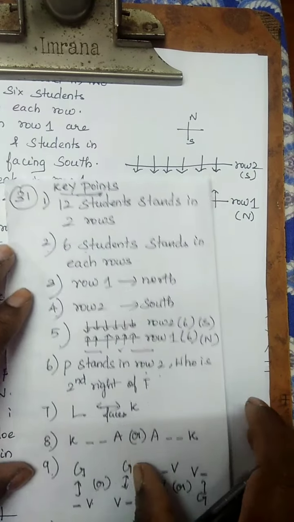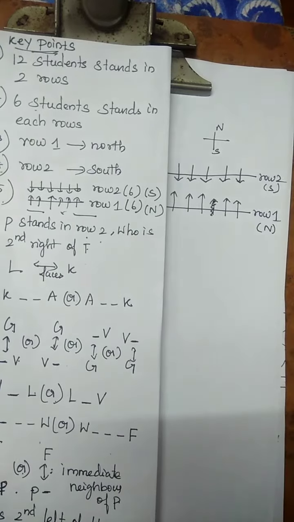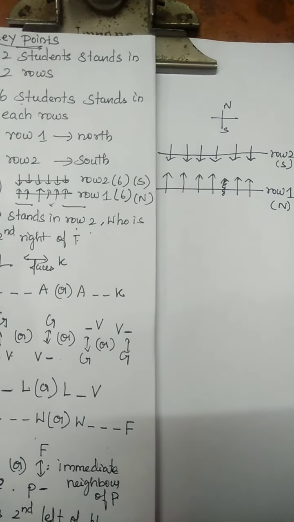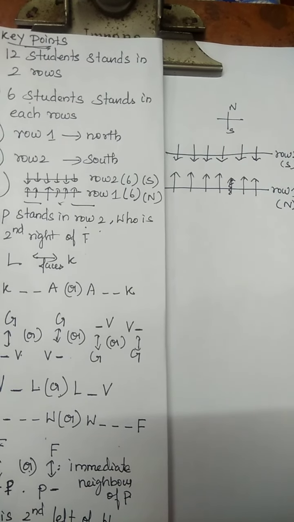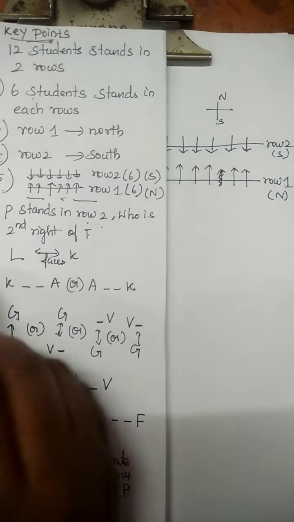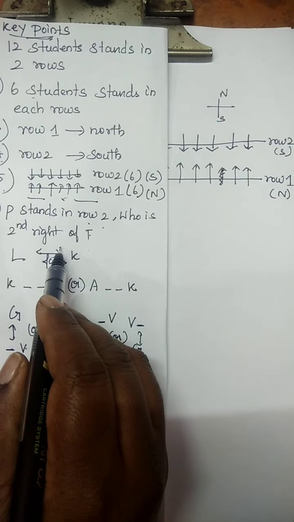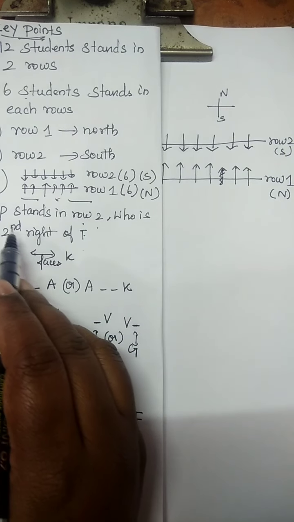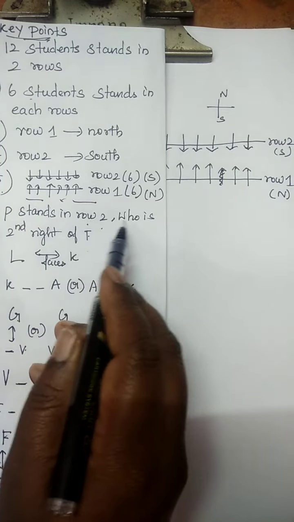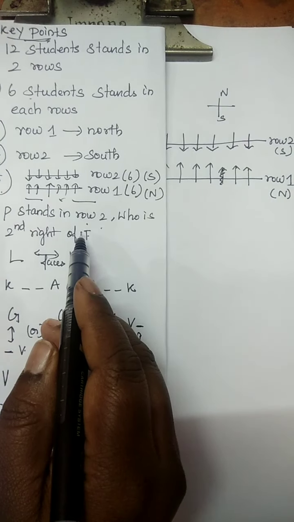Now the 6th clue. What's the 6th clue? P stands in row 2 who is second to the right of T. So P and T are in row 2.